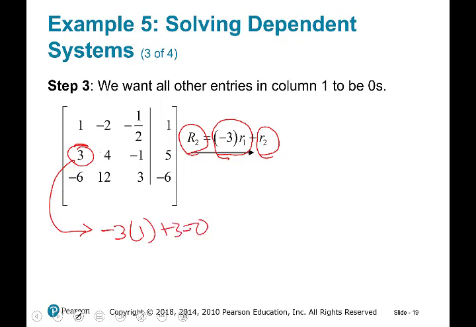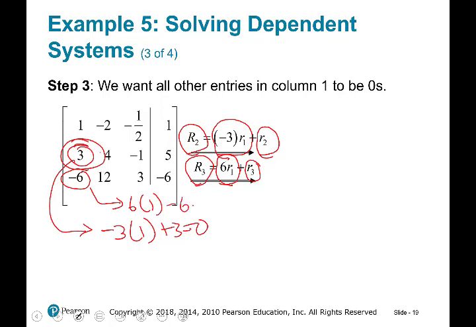That's the objective, to have a 0 here. And then to get a new row number 3, they took 6 times row number 1 and added that to row number 3. Again, because if you multiply 6 times 1 minus 6, you also get a 0, right?